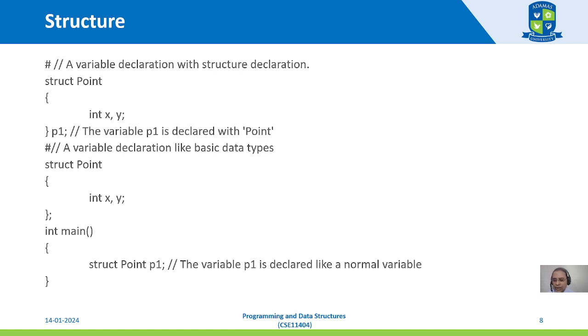Struct point P1 means P1 is a variable declared like a normal variable. Now with the help of P1 we can access P1.x or P1.y. So we can access the structure member elements like that.